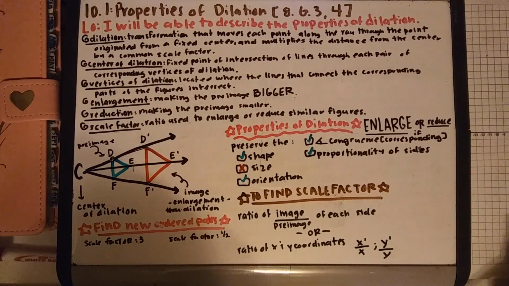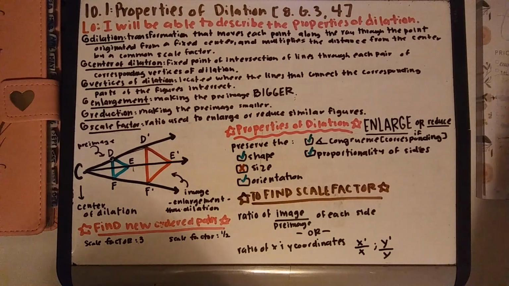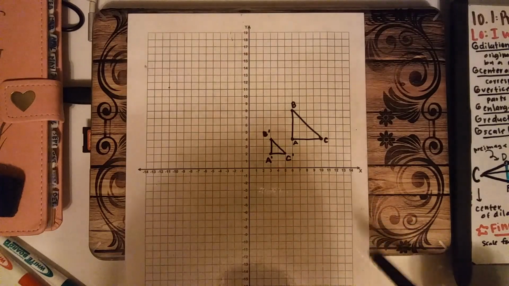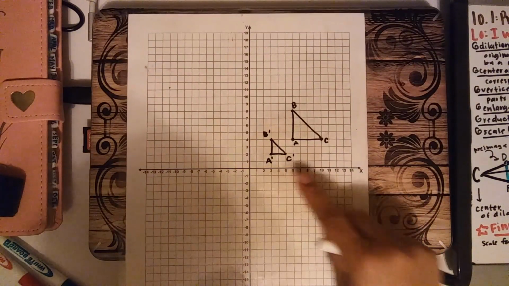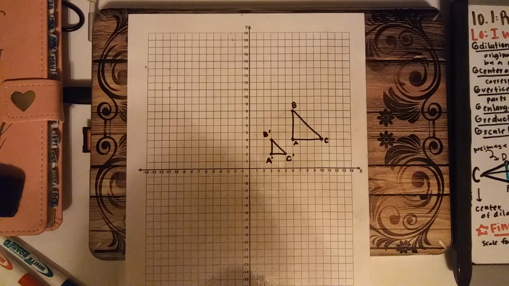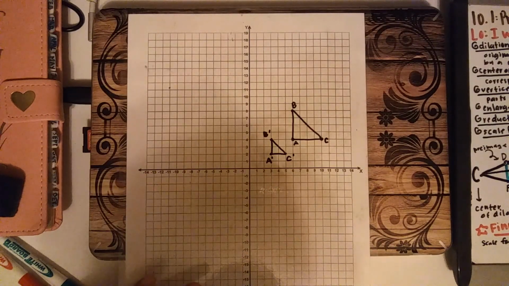So let me draw something on the graph. Okay, so let's look at these two shapes. We have the pre-image and the image. So it's that dilation, and just kind of going over the vocabulary.